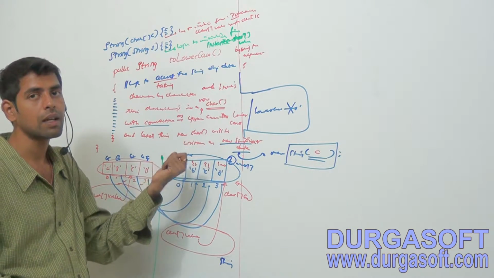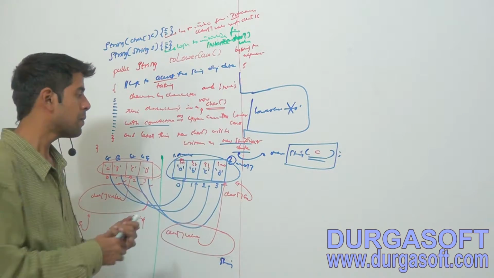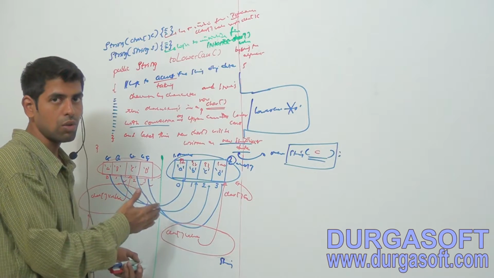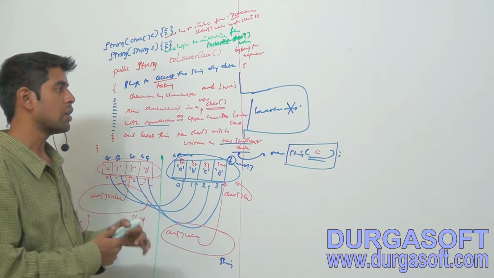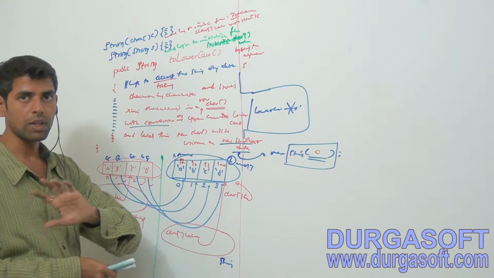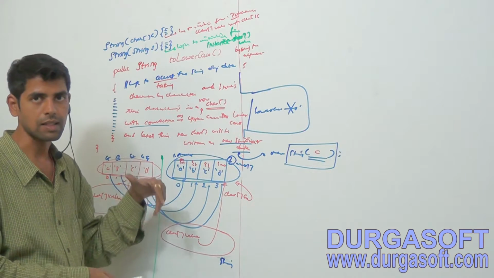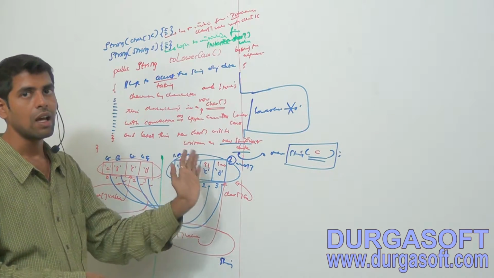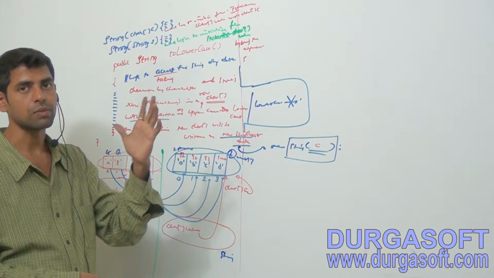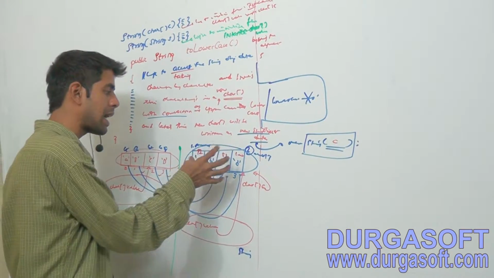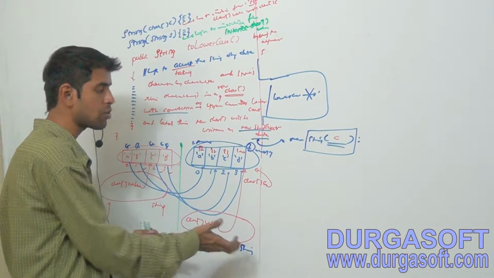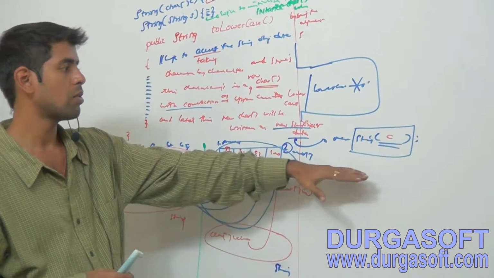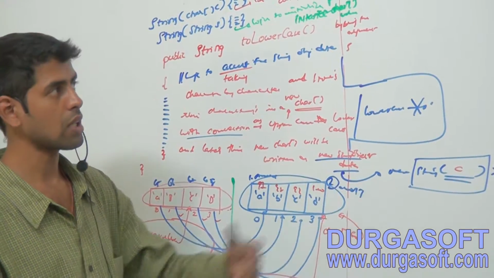If any uppercase alphabets exist, convert them into lowercase. If any lowercase, don't do any conversion, store them as it is. After doing all of these conversions, put this char array as data within the string object. To do that, we have to write this string. That's it, finished.